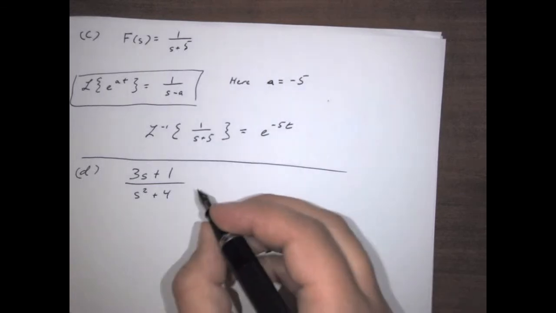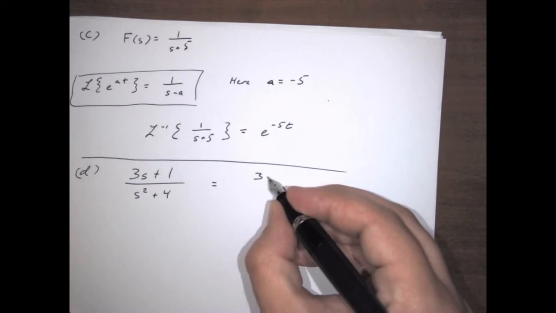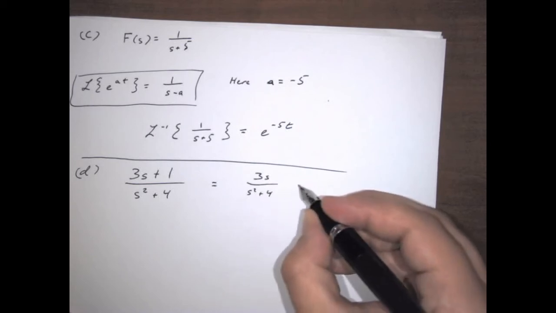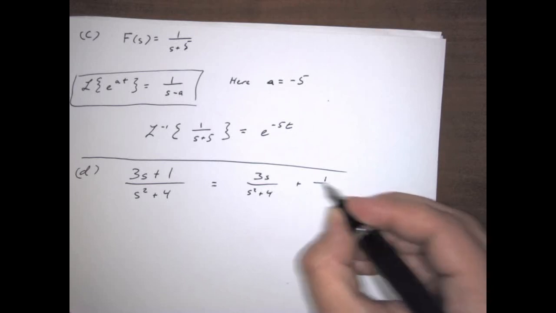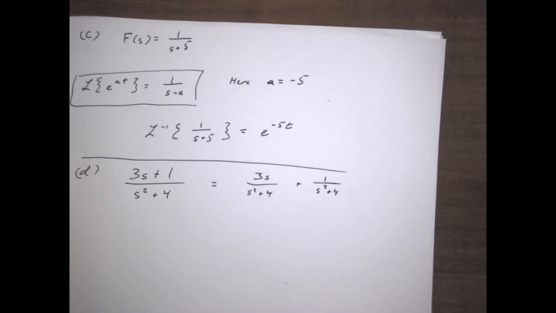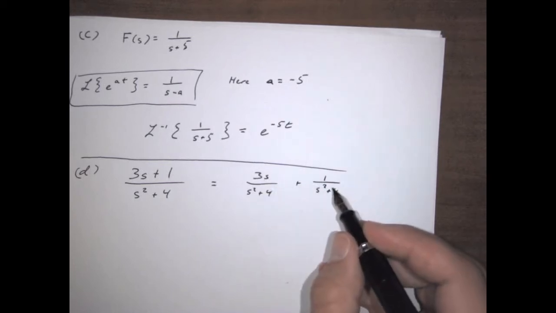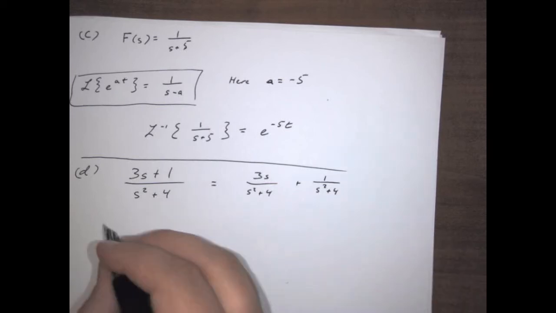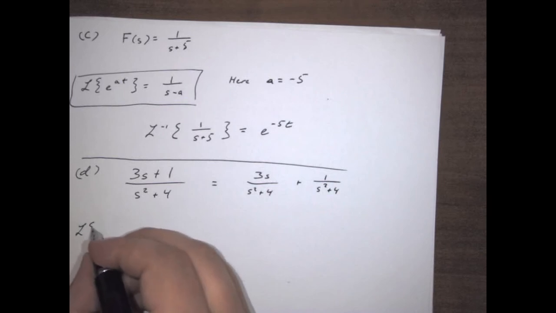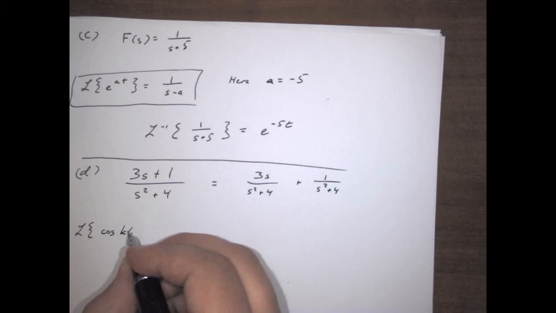So we're going to want to break this up into 3s over s squared plus 4 plus 1 over s squared plus 4. Now this one right here is closest to cosine. This one right here is closest to sine. So let's remember what the Laplace transform of cosine kt is.